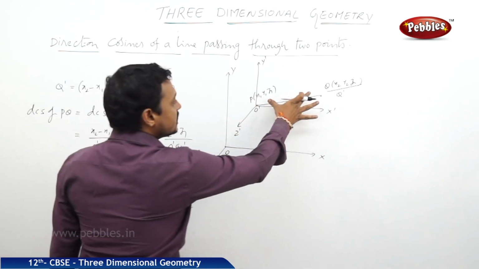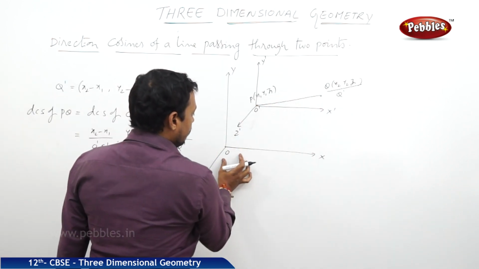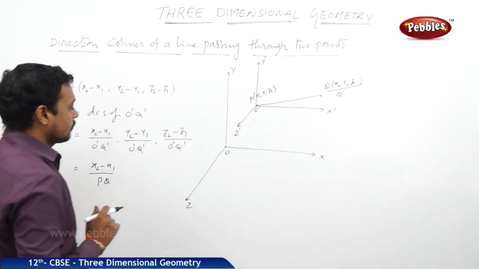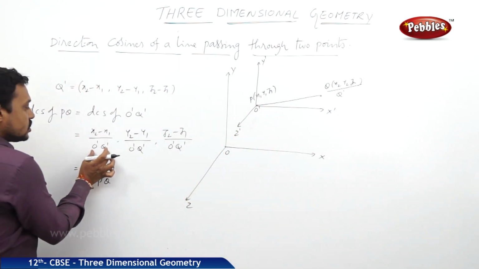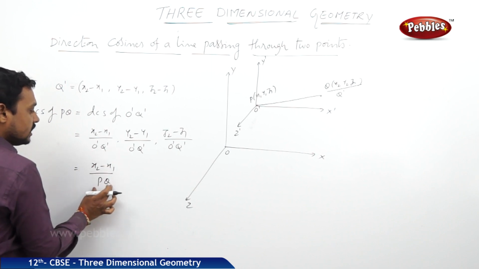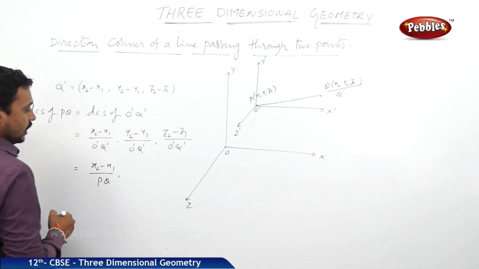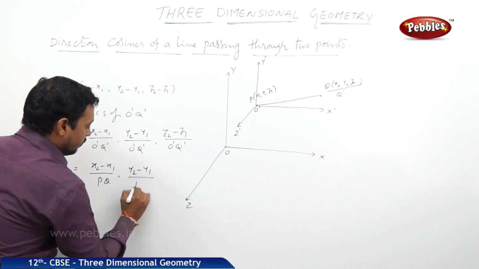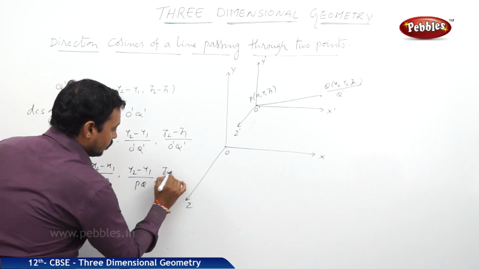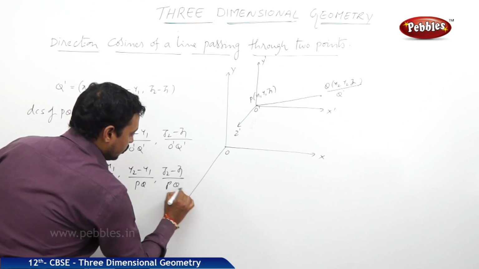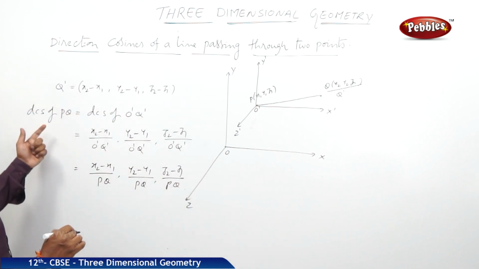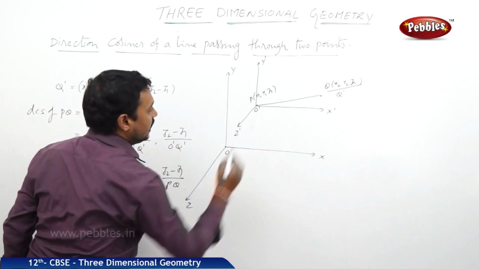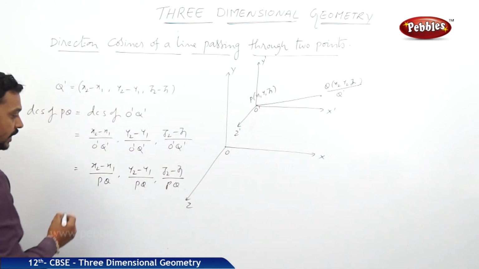The length remains the same even though the origin is shifted to some point. So, we get x2 minus x1 by PQ, y2 minus y1 by PQ, and z2 minus z1 by PQ. Now, these are the direction cosines of PQ, the line passing through 2 points P and Q.